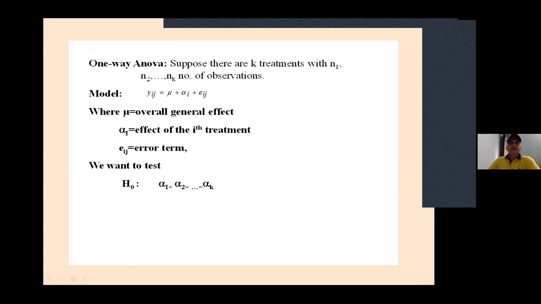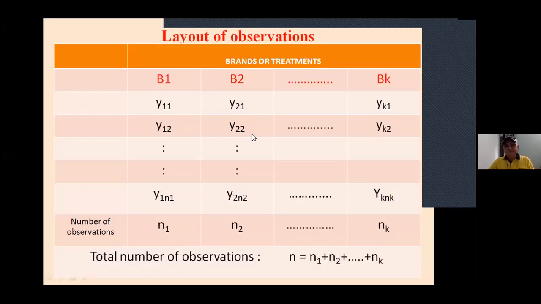Now look at this diagram, which will make it clearer. Suppose I want to compare K groups or K brands, let's say brand 1, brand 2, brand 3. Let me give you a very simple example. Whenever we go to a market to buy, let's say, tube lights or light bulbs, generally we have some brand in mind, that I want to buy maybe Sylvania Laxman or Philips or Bajaj.